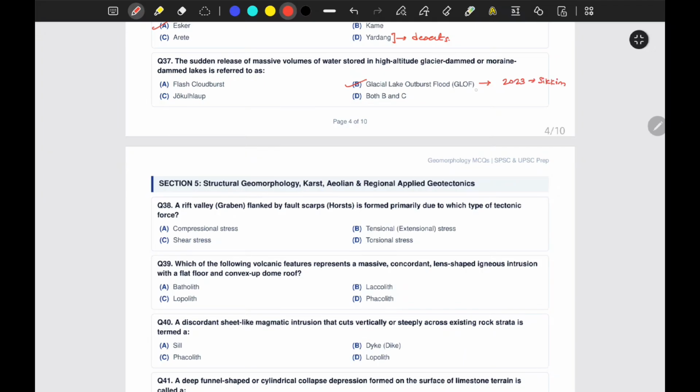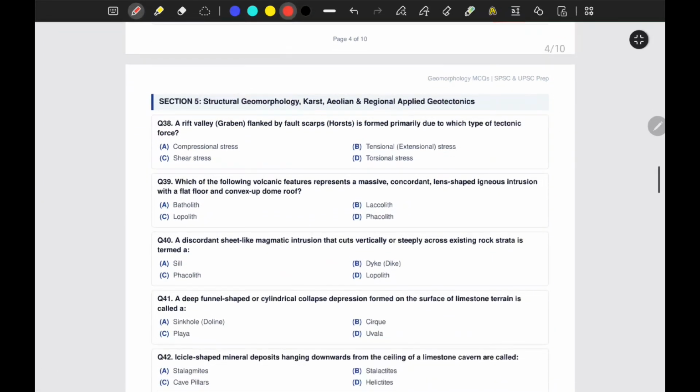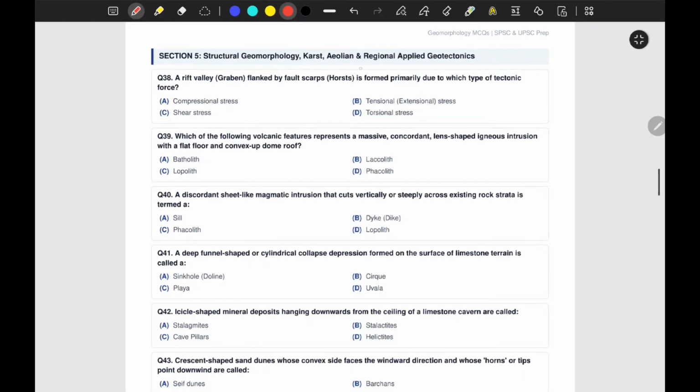And also currently, yesterday, the same happened, a flash flood in Nepal due to a glacial lake outburst flood. So next one is karst topography. Aeolian means landforms formed due to wind, especially in desert regions.